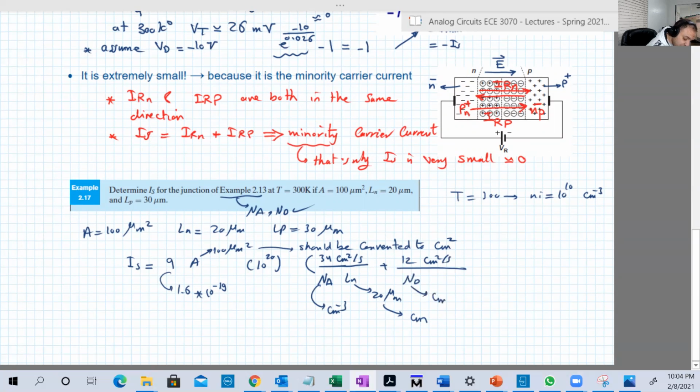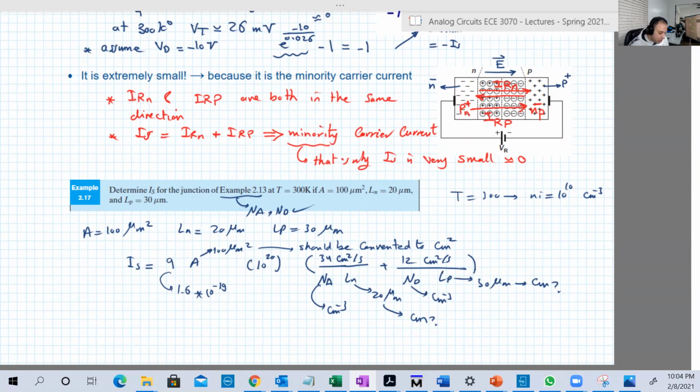Remember, this was per centimeter cubed. Lp is 30 micrometers, which also should be converted to centimeters. Just direct substitution.